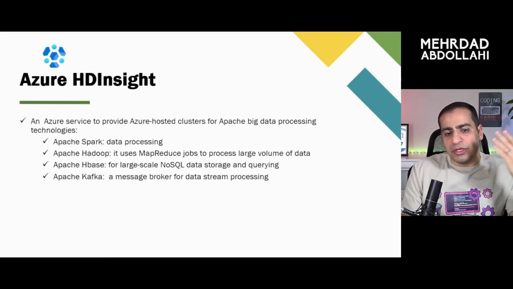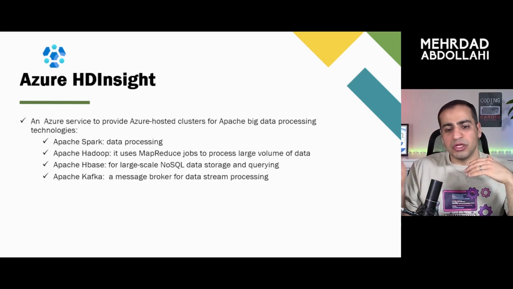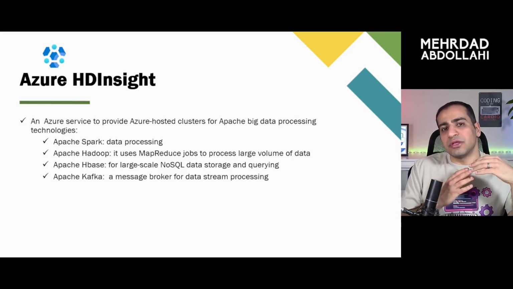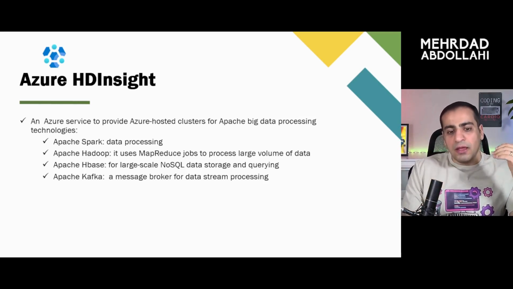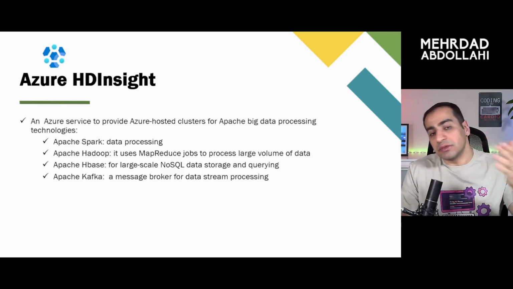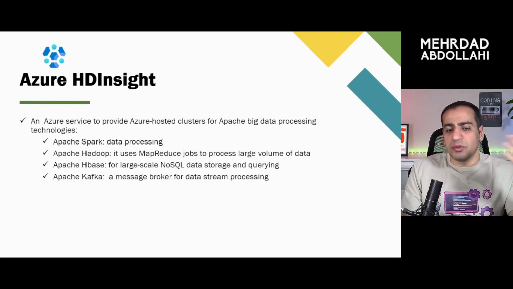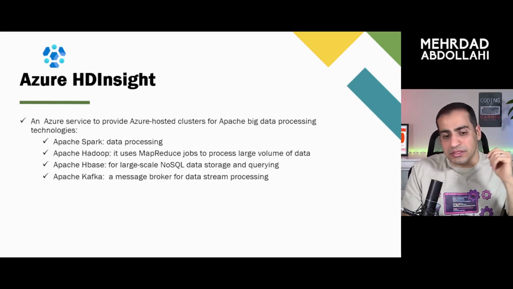We have Apache Hadoop, which has some MapReduce jobs to do the processing for large volumes of data. And we have HBase for large-scale NoSQL data storage and querying. And also we've got Kafka, which is a message broker for data streaming processing.